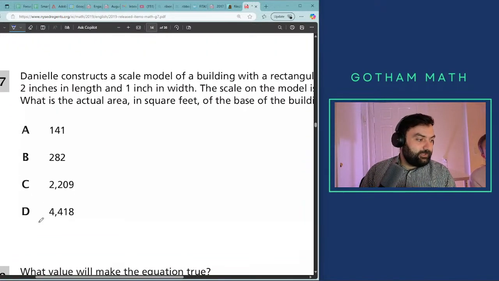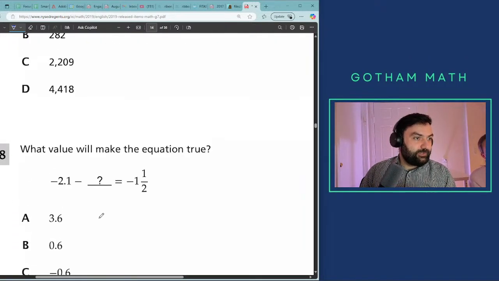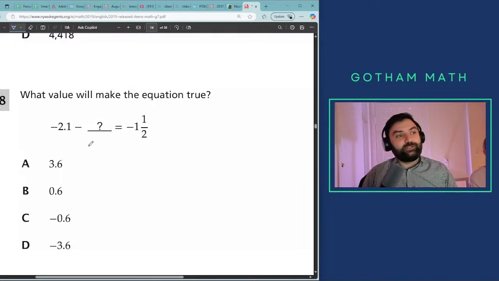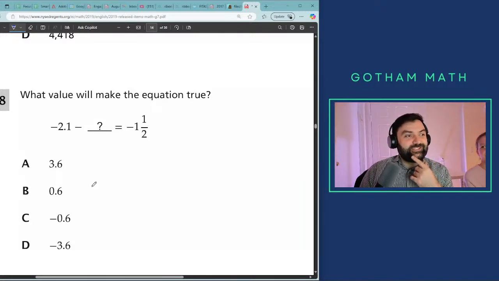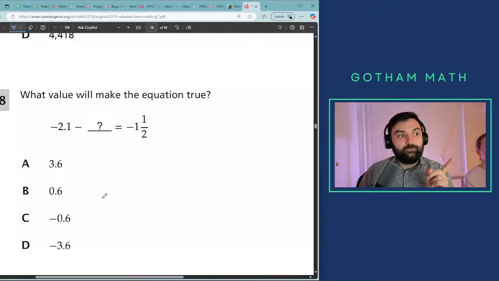The next one is going to be, is it this one? It is this one. All right. What difficulty does this question possess? This question possesses the difficulty that one of them is a decimal and another one is a fraction. But what kind of answers do we have?